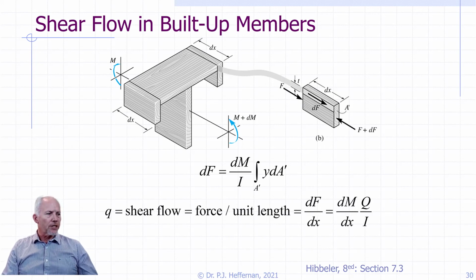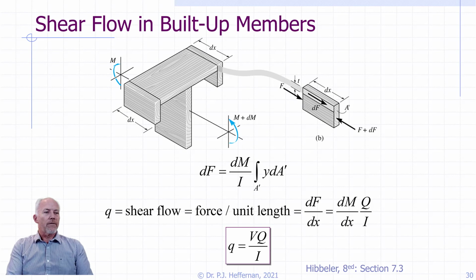So q is shear flow, force per unit length. We know by definition that would be dF by dx. So if we take our formula, which we already had, we divide it through by dx, we get dM by dx all multiplied by Q over I, because that integral y dA is Q, all coming together. And if I were to simplify that, remember your dM by dx, we talked about that on the previous slide.